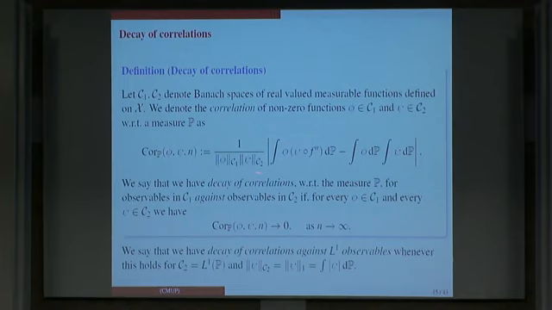And we say that we have decay of correlations with respect to this P of observables in C1 against observables in C2 if for every phi in C1 and for every psi in C2, this quantity goes to 0 as the time gap n grows. Okay?